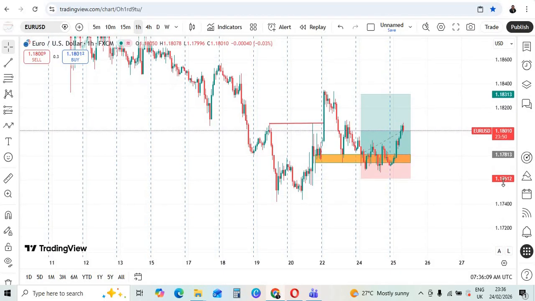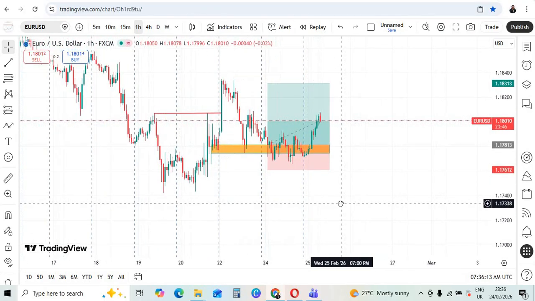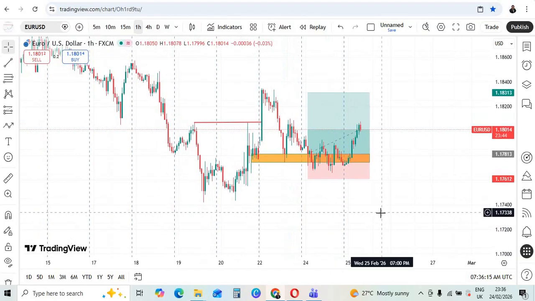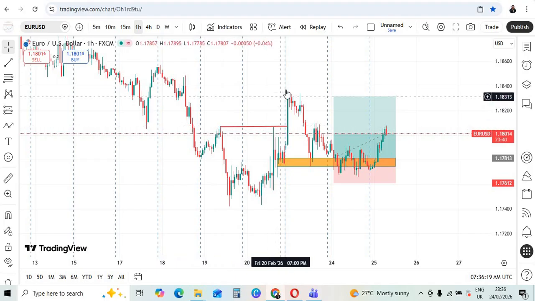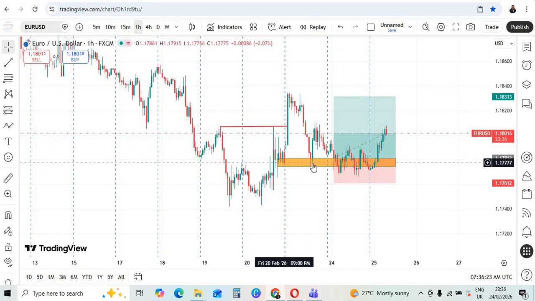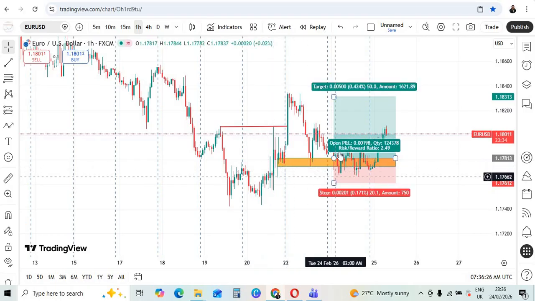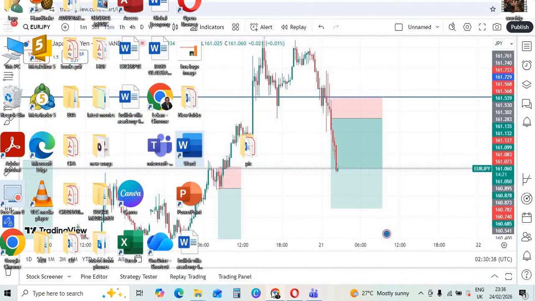You see, so this is EUR/USD. This was a trade I took since yesterday. You understand? So after we had a break here, I waited for price to come to this, to grab liquidity here before I took a buy. So this trade is still running currently.